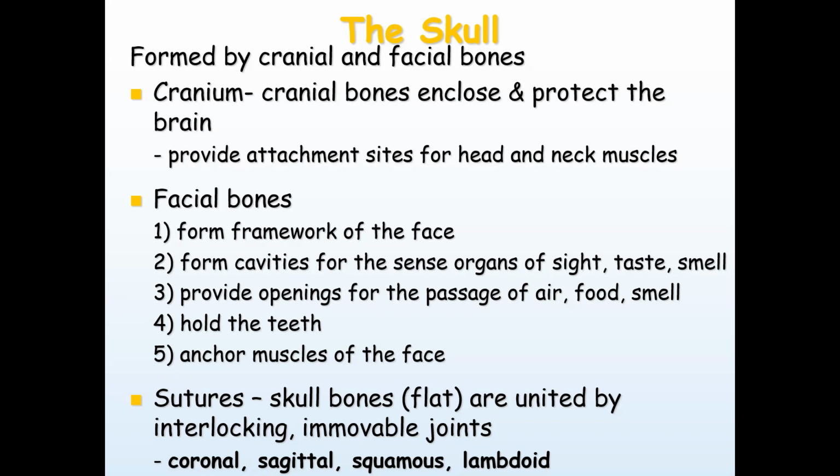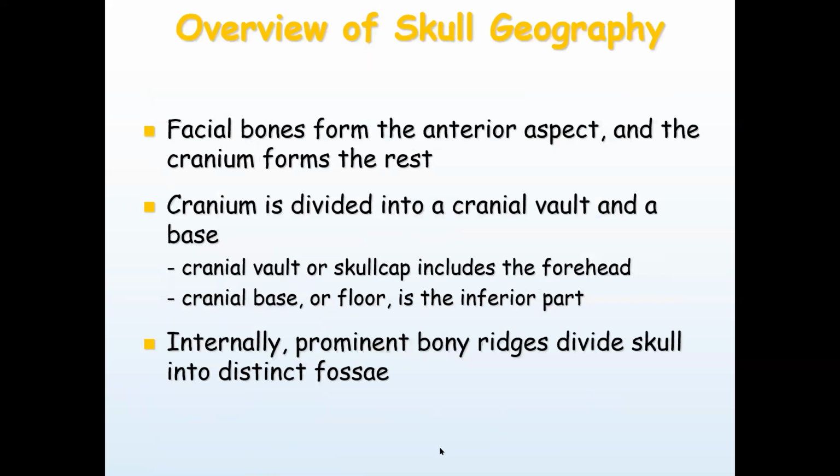When you look at the actual cranium, you're going to see what looks like stitched lines crisscrossing the cranium. And we give these sutures, these lines that are joining the bones together, names. So we have coronal, sagittal, squamous, and lambdoid sutures.